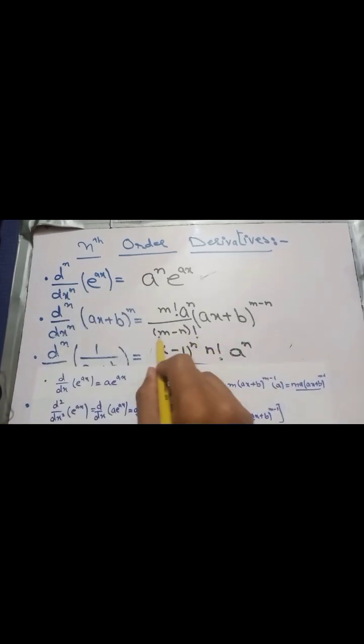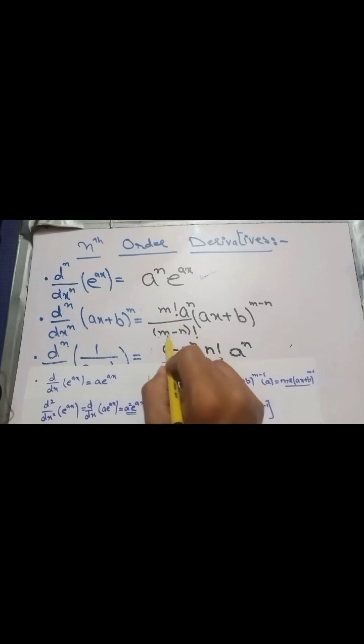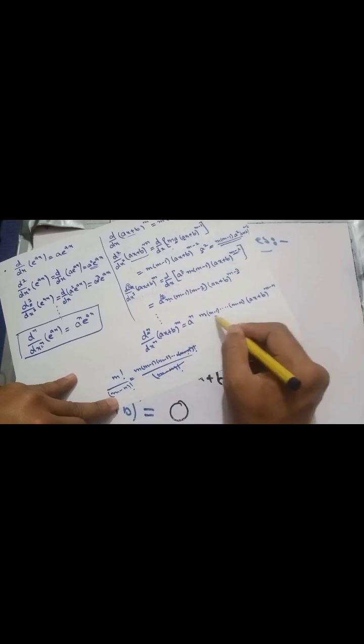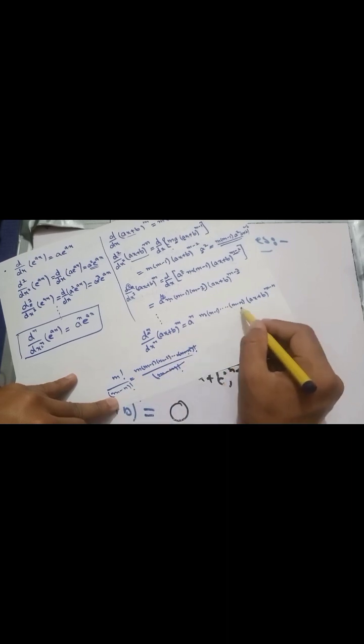So remember that when we simplify this, m into m minus 1 up to m minus n plus 1 is m factorial over m minus n factorial, eliminating the common factorial of m minus n.